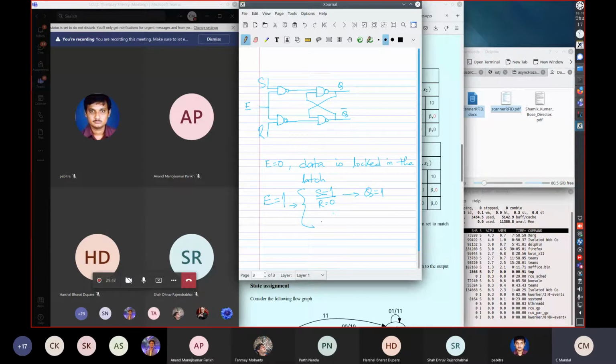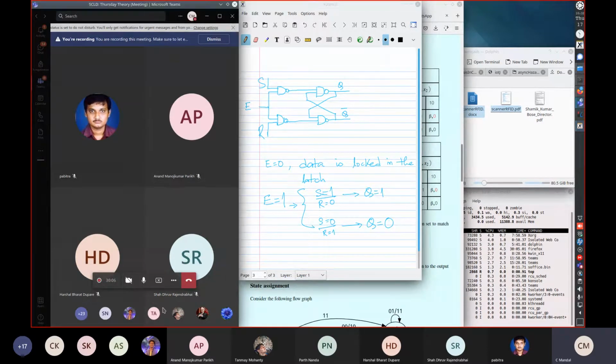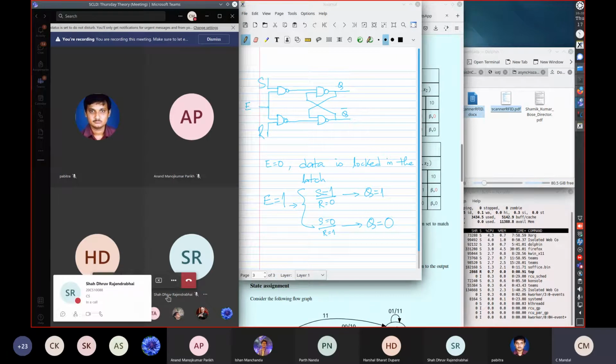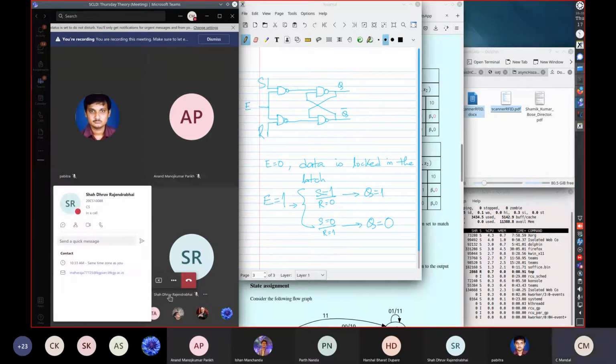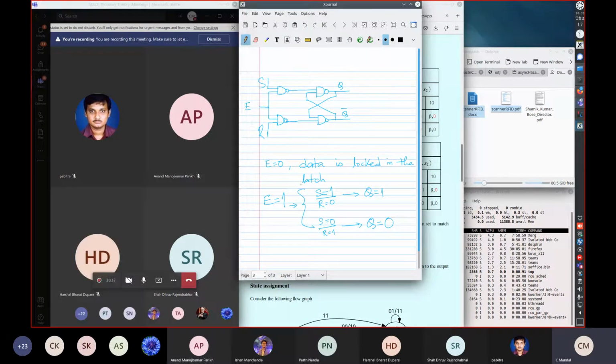And if you make S equal to 0 and R equal to 1, then what happens? Then Q is equal to 0. Okay, this is how it works.